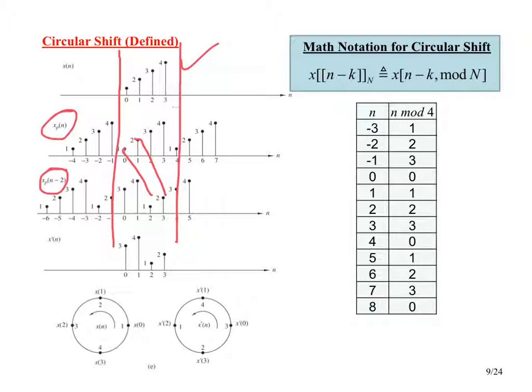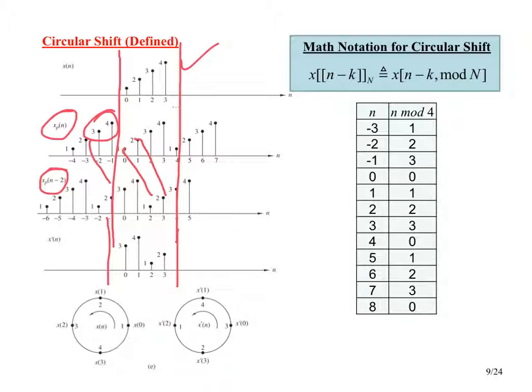But notice that we've also shifted in 2 samples from outside our original range. And so that's the idea of starting with a finite duration signal, imagining periodizing it, imagining shifting that periodized version, and then grabbing the range that we originally looked at. So that's one way to look at it.